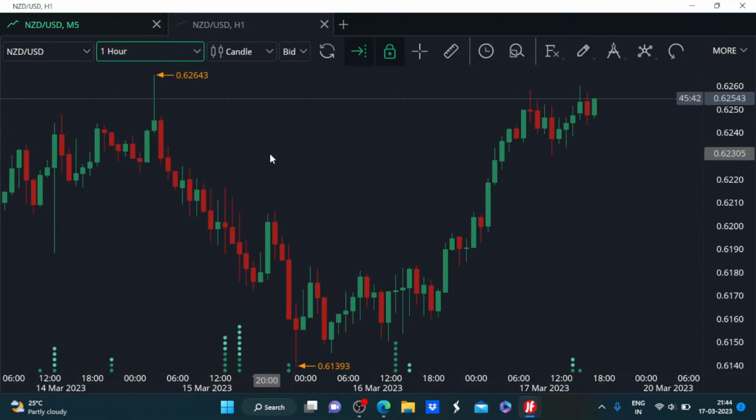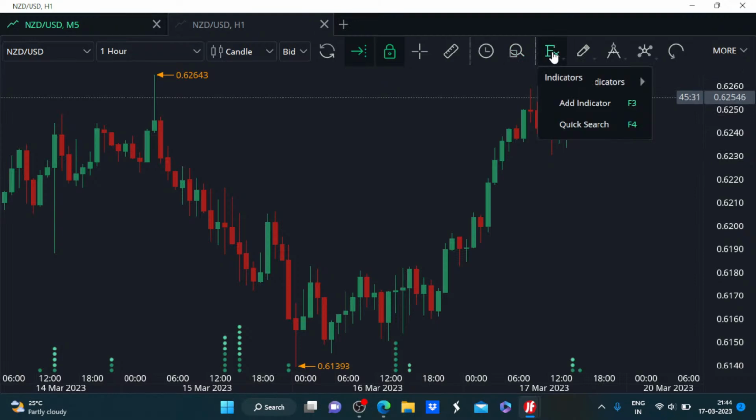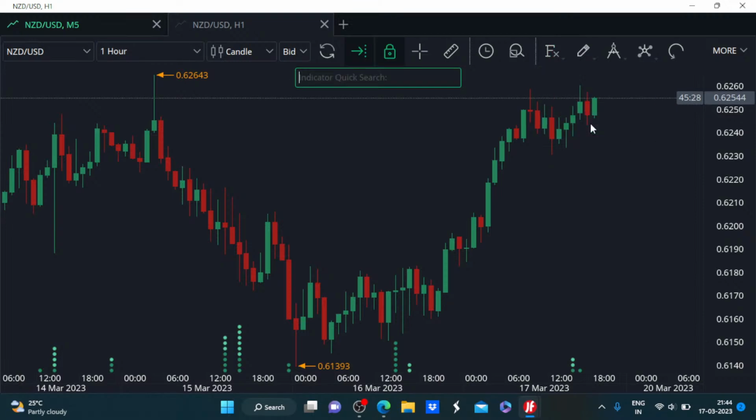This is the NZD USD now with each candle period defined at hourly time frame. For finding this pattern, all you have to do is a quick search. If you simply type in double top pattern, it will be added on the chart.